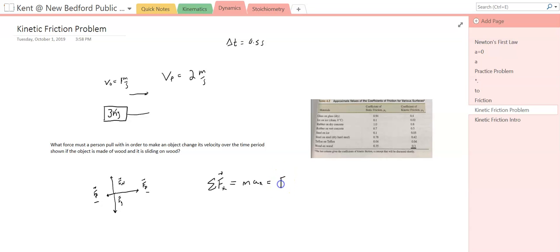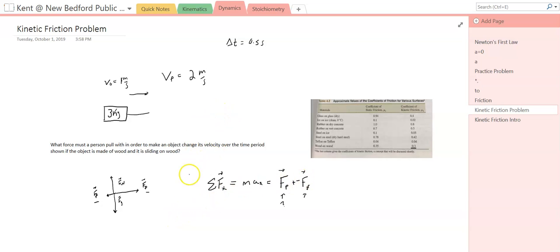So we've got the force we're using to pull, and we've got the friction force. Let's assume that right is positive and left is negative. So these are added together, but the friction force is negative. We don't know what the friction force is, so let's figure it out.